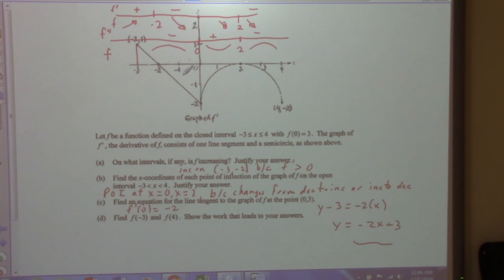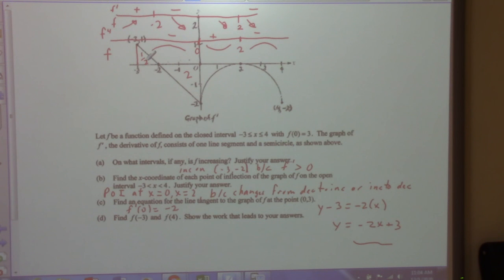What is this area going to be here? 2 by 2, 4, divided by 2. So 2, right? So this area is 2. What's this area here going to be? Looks like that's 1/2. So we have to take this to get from here.